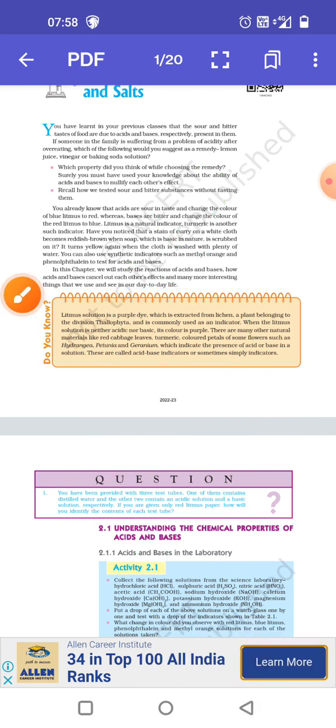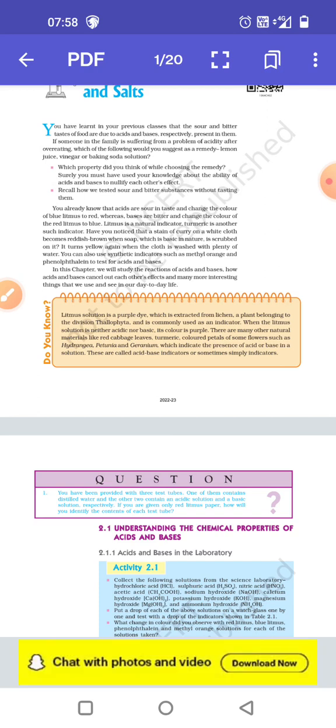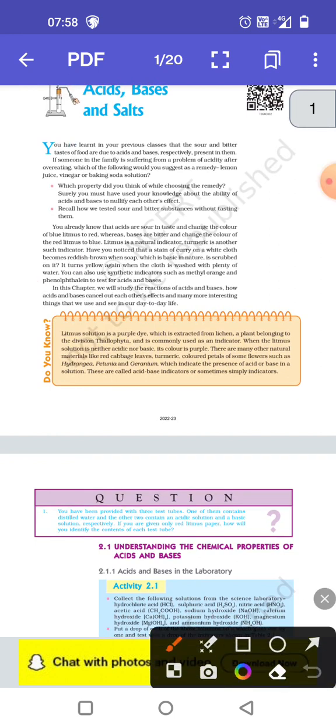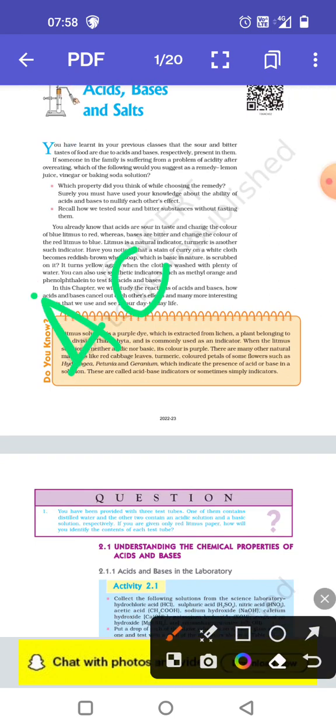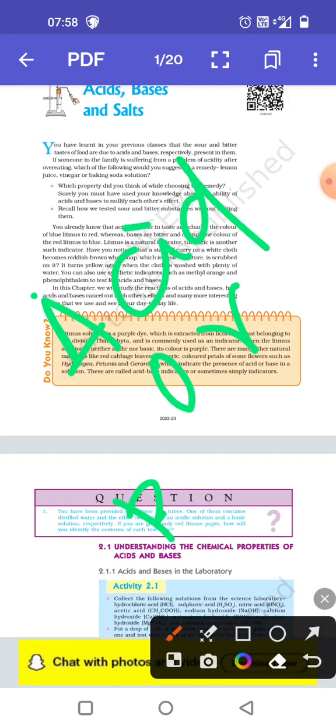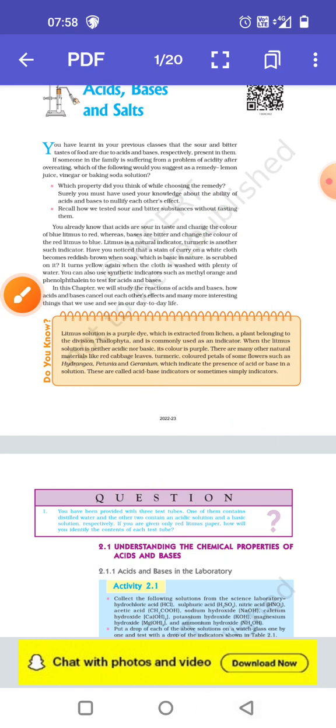So, before we start the chapter, we have to know some common facts regarding acid, base and salt. We'll start from the acids. How can you know whether a substance is acid or base? We can taste those substances.